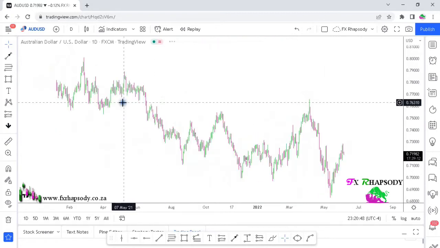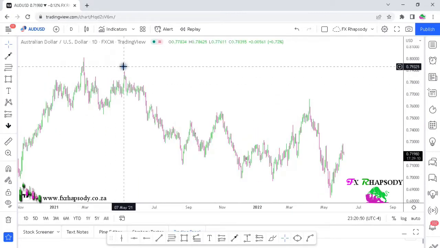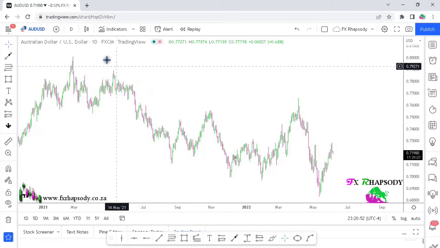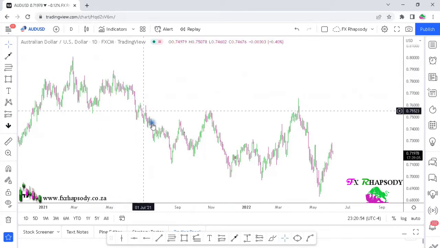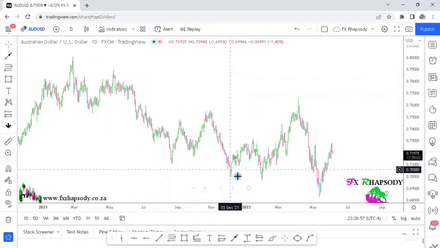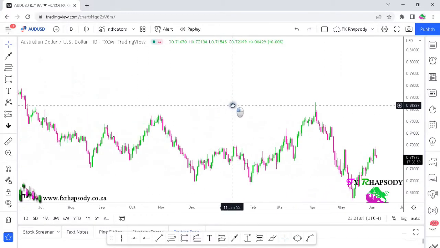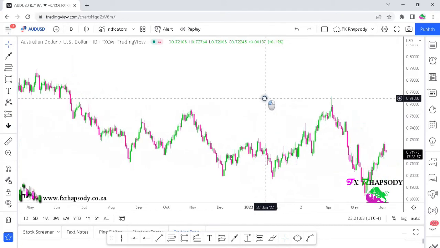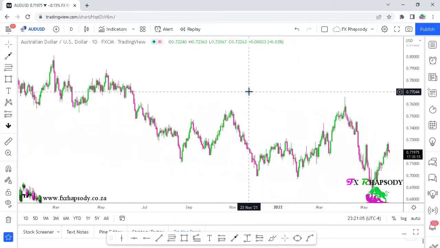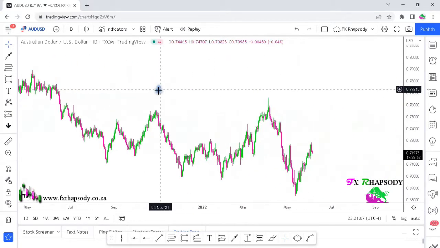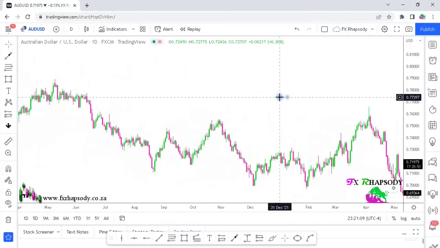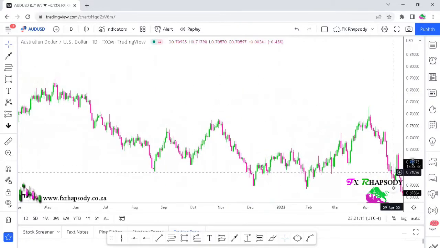So we see that the Australian dollar, I'm just zooming out a lot more so you can see a lot. You can see this movement to the downside. You can see up and then down and then up and then down and then up again. So as you can see, price action plays a very crucial part in this currency pair. So the hunting of liquidity and price action.